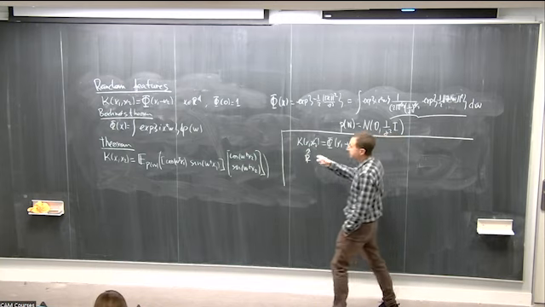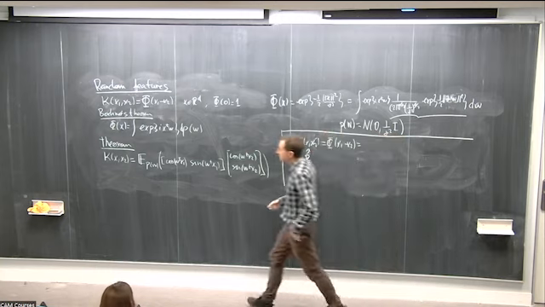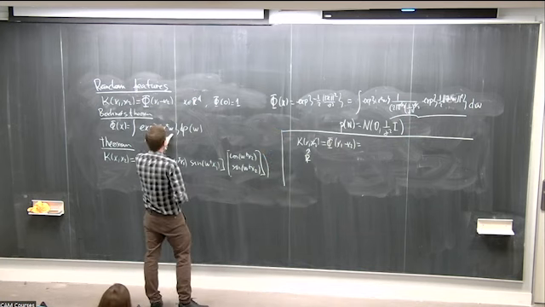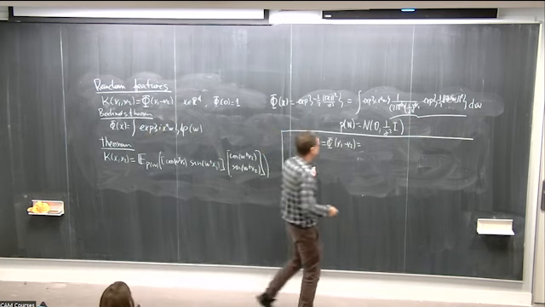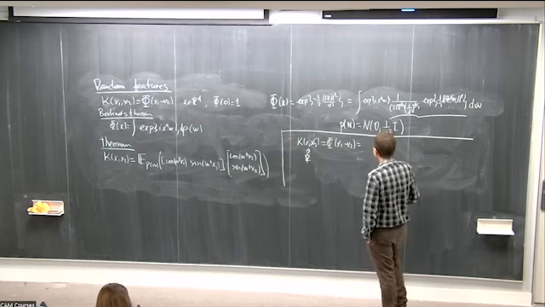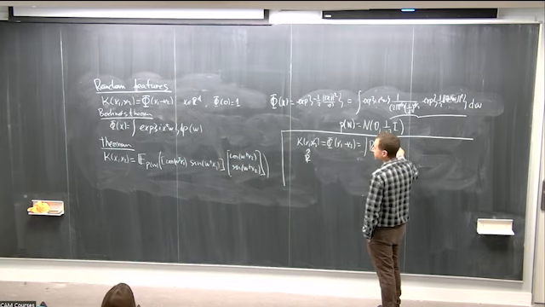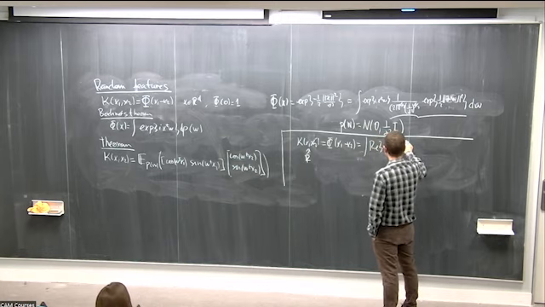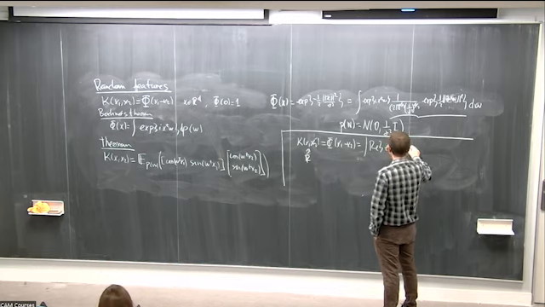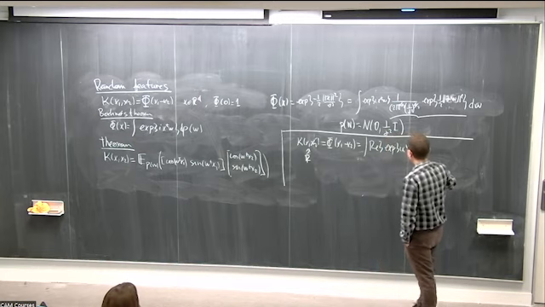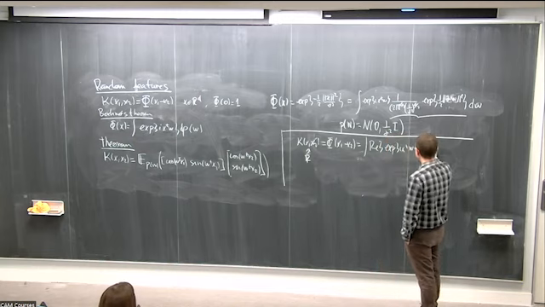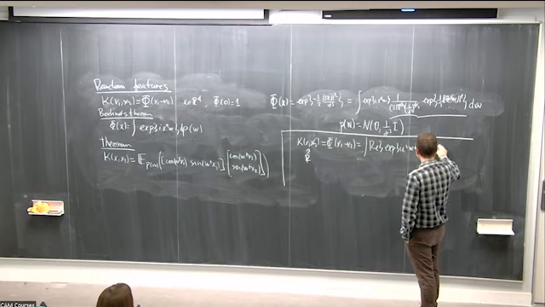Phi of x1 minus x2 is the exponential of this thing, but since the value is a real number, we can as well take the real part. Let's do it. So it will be the exponential of i x transpose w, and then the w.